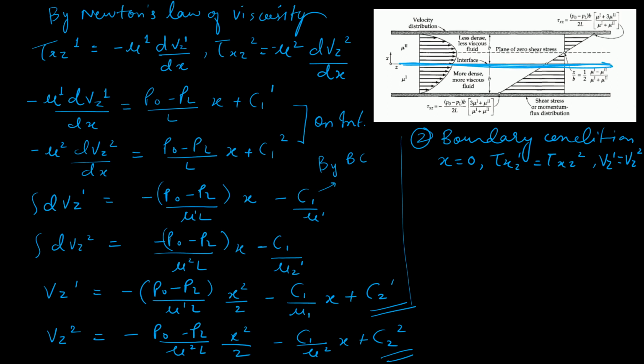The velocity component at the interface will be the same. That's why the interface is forming, and no gap is only possible when the velocity component is the same. Therefore, by this boundary condition, C2 for 1 equals C2 for 2 equals C2.